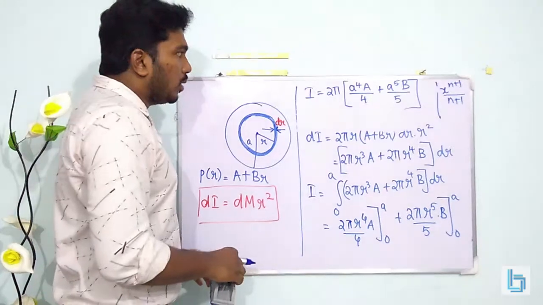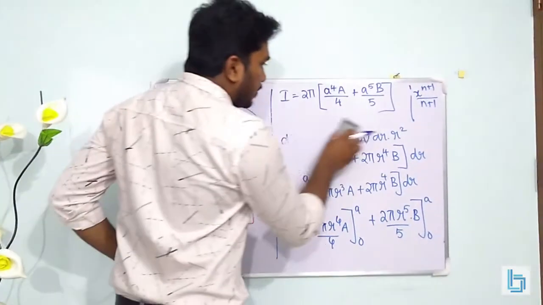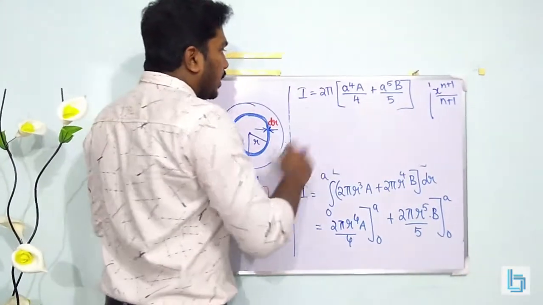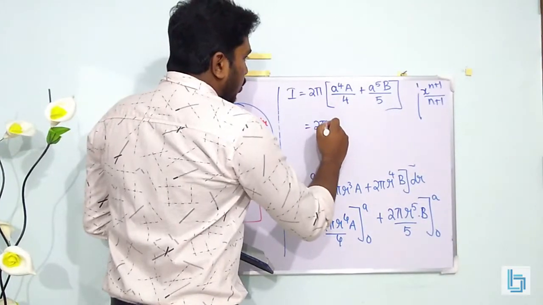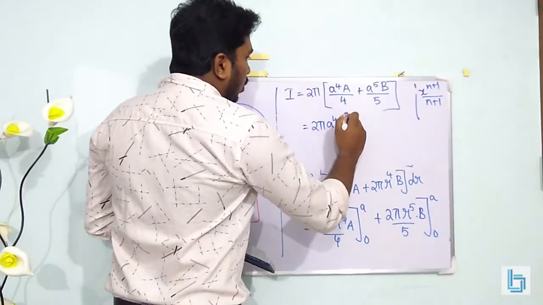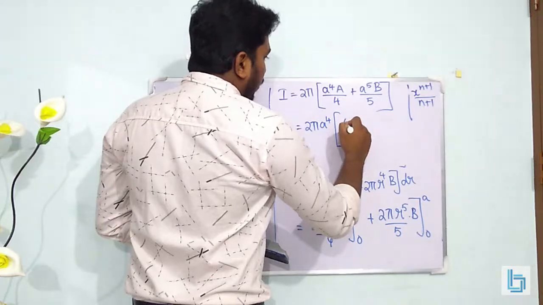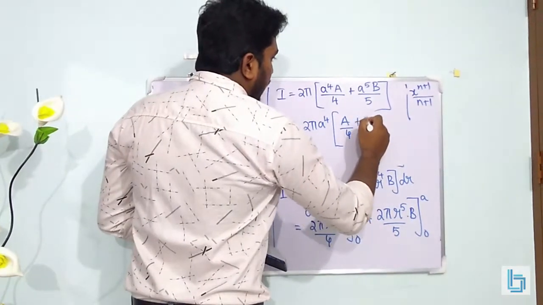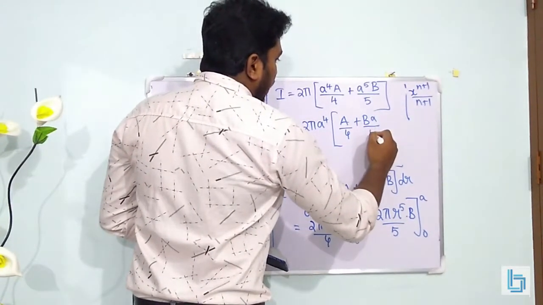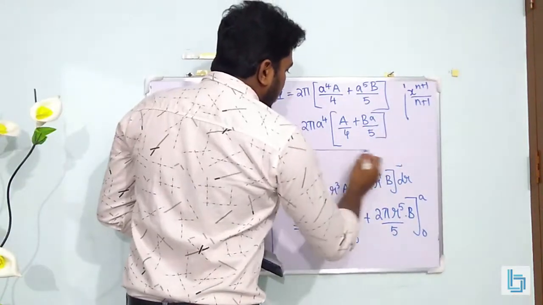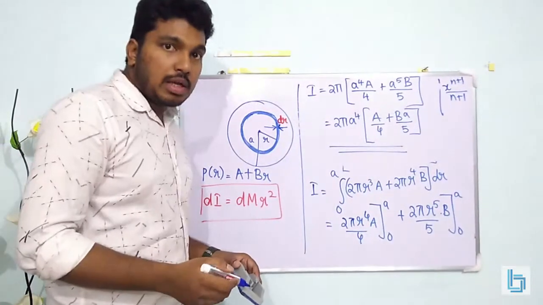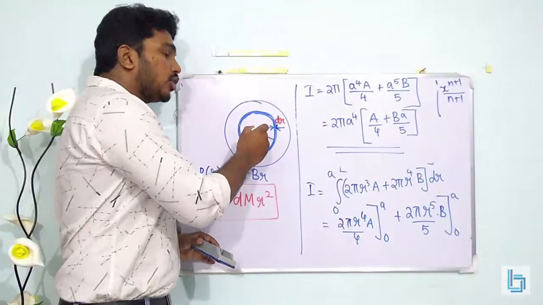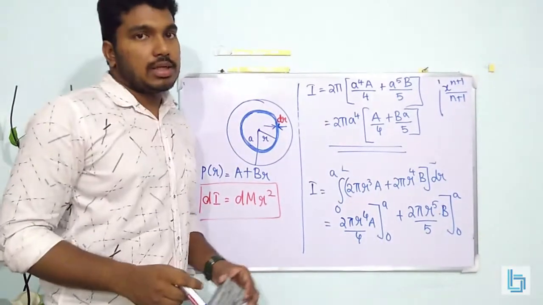Now, a raised to 4 can be taken outside. So I is equal to 2π a raised to 4, within brackets, a by 4 plus ba by 5, which is the moment of inertia about the line perpendicular to the disk and passing through its center.